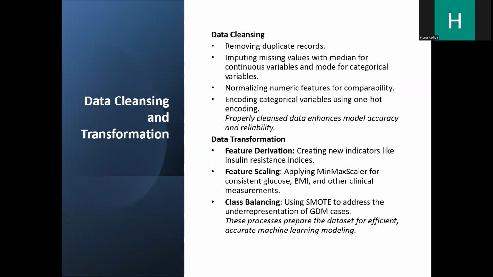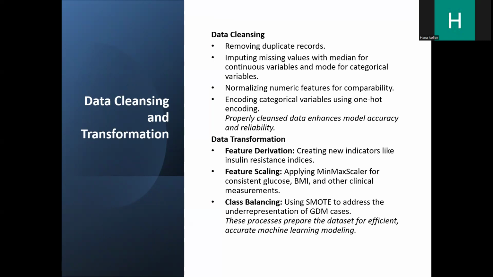Data cleansing and transformation. In this phase, as I mentioned earlier, data cleansing means removing duplicate records and imputing missing values with the median for continuous variables and the mode for categorical variables, normalizing numeric features for comparability, and encoding categorical variables using one-hot encoding. Properly cleaned data enhances model accuracy and reliability.